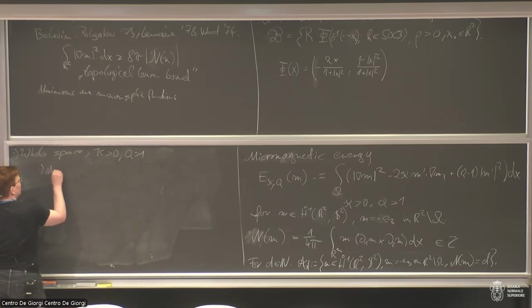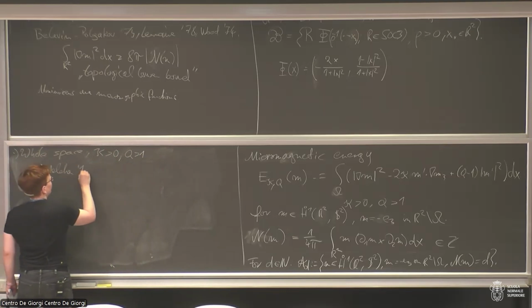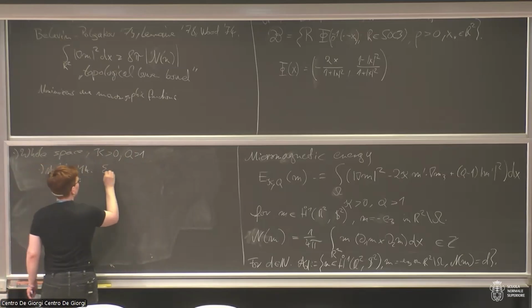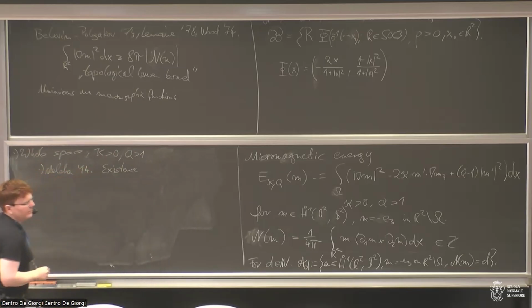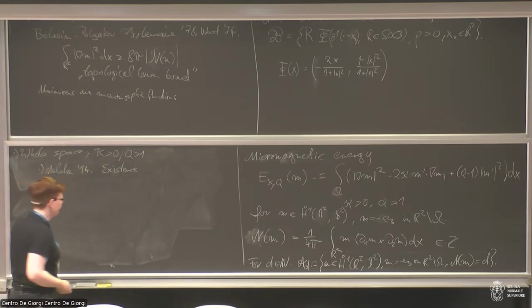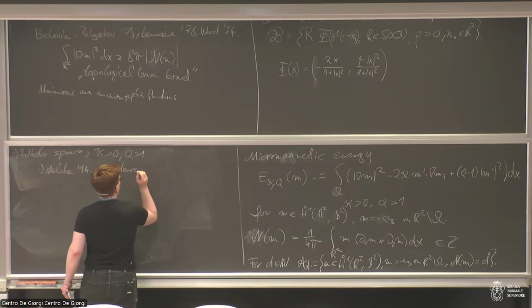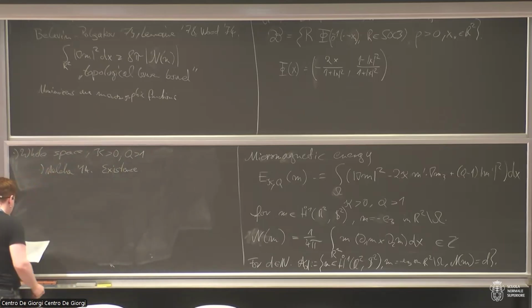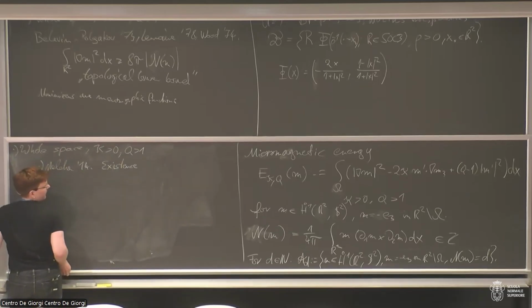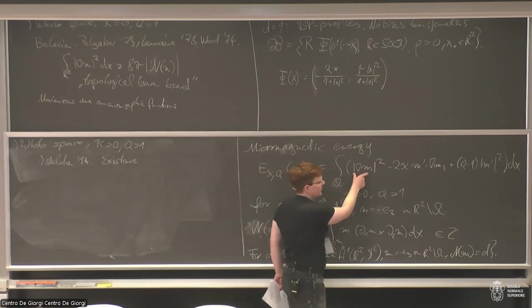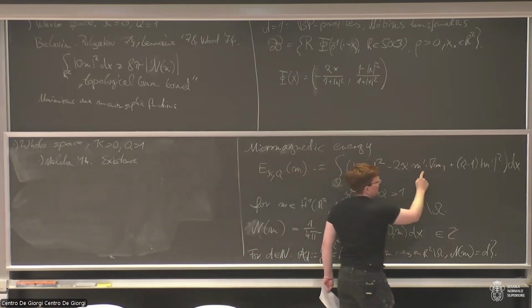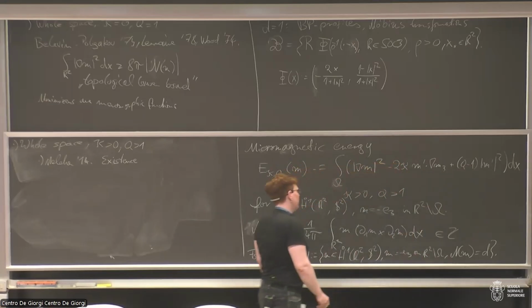There, Christoph Melcher proved in 2014 that you have existence of minimizers in a slightly modified version, but never mind. Dirichlet energy, so the exchange energy, is leading order. The other two terms are lower order.